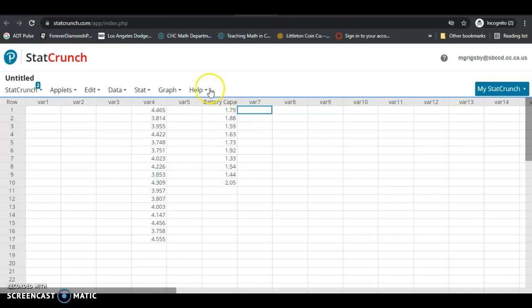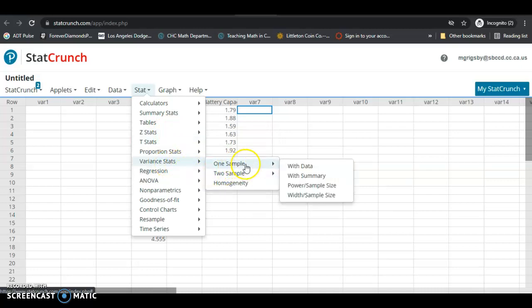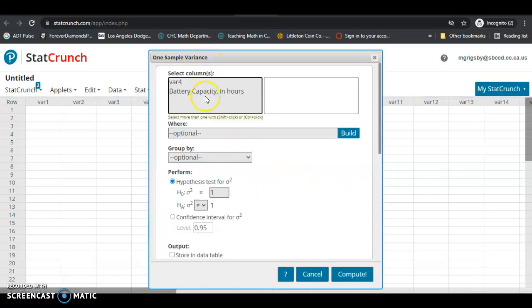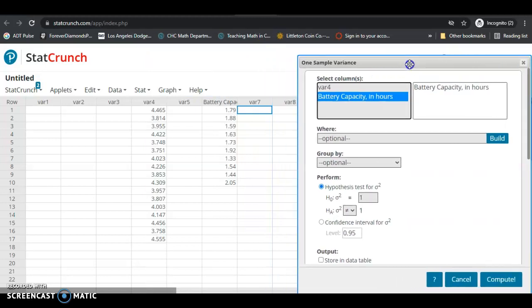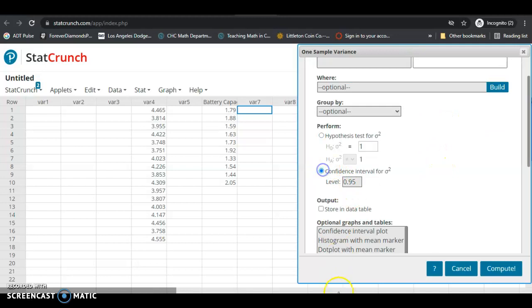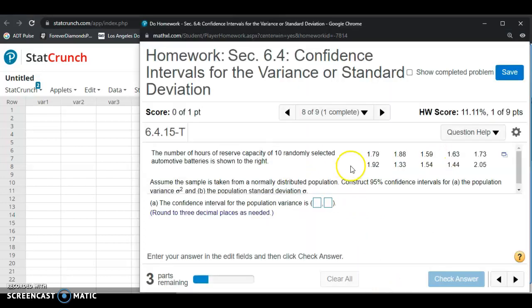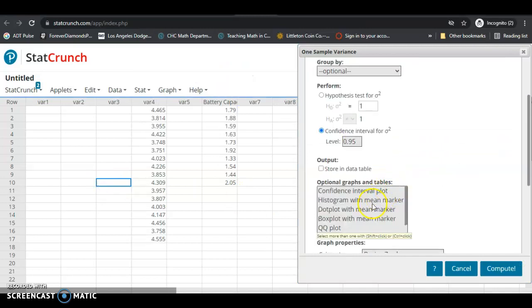Okay, so let's go to the Stat menu, go to Variance Stats with one sample. Since we have the data, select With Data. Then select the column that contains the data. We're going to do a 95% confidence interval, so we're going to leave that as it is, and we can include the confidence interval plot.